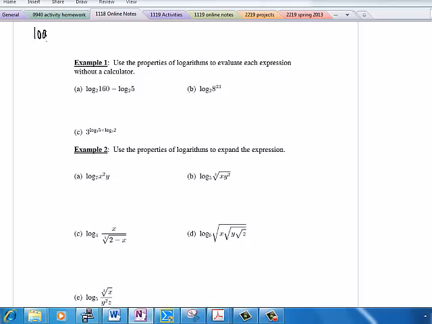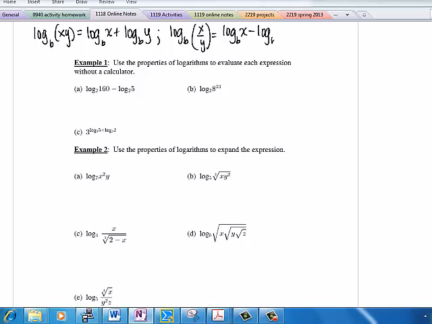The first one says that log base b of a product is the log base b of the first factor plus the log base b of the second factor. I'm just rewriting them so we can see them on the same screen here. The second one says that log base b of a quotient is the log base b of the numerator minus the log base b of the denominator. And then the third one says that the log base b of x raised to a power is that power times the log base b of x.